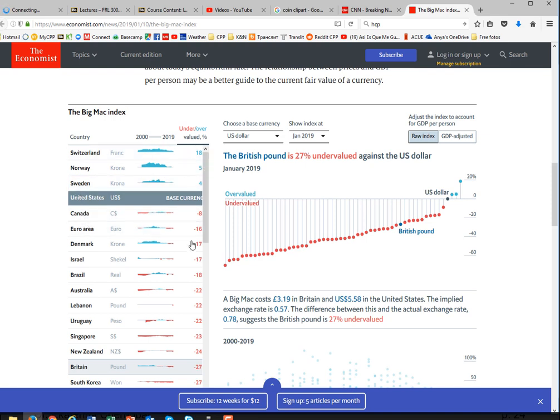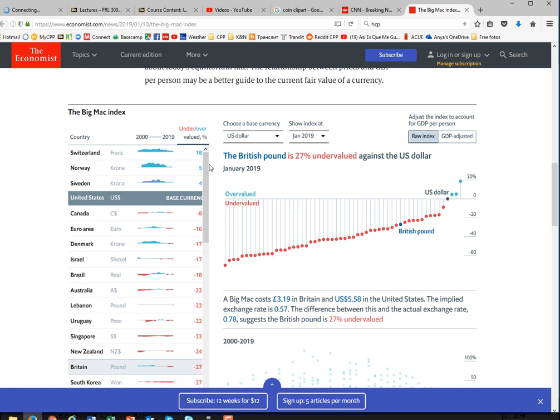In the rightmost column, it says under/overvalued by percent. In other words, people have researched how much the Big Mac should cost in different countries in their local currencies, and compared that fair price with how much it actually costs. And they calculated this percentage difference between the actual price and what the price should be.